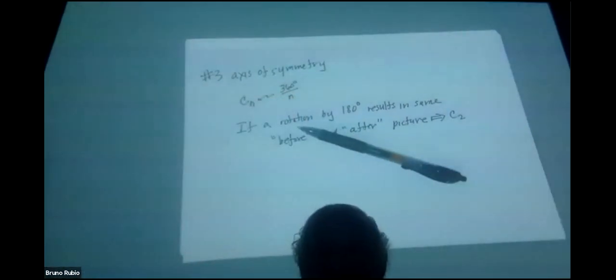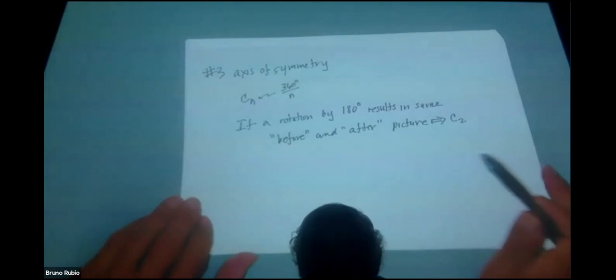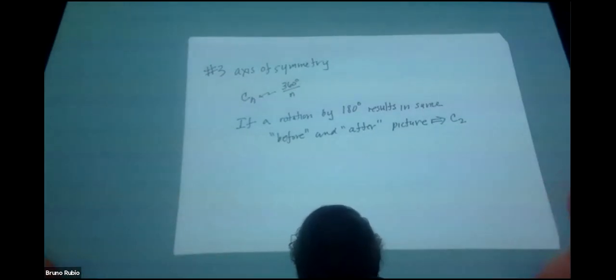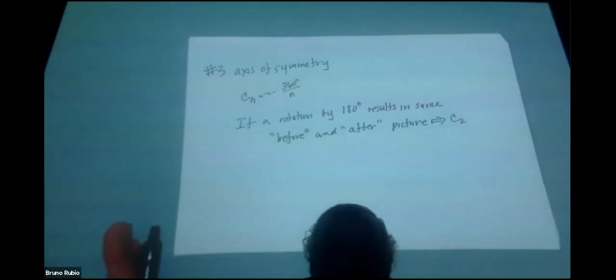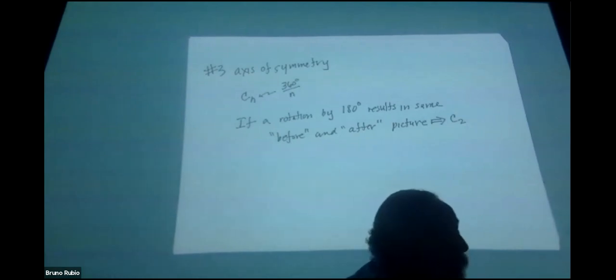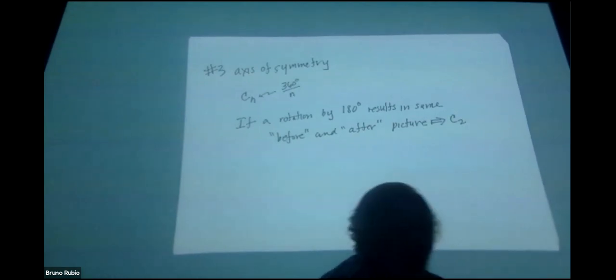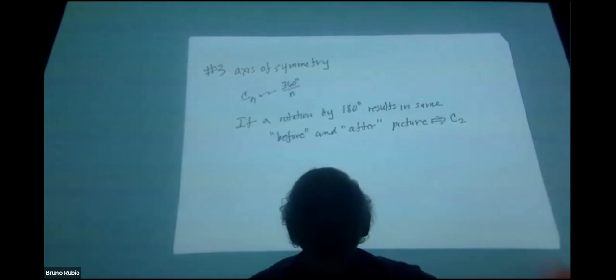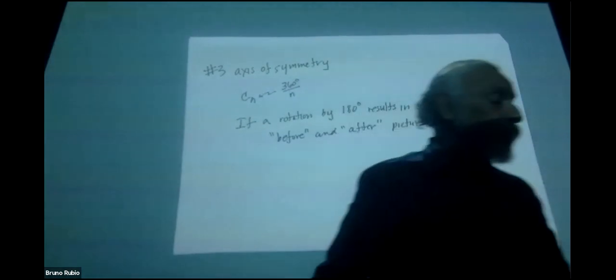Oh, that's the very same before and after picture. So everything has a C1 axis. But if you have an object, molecule, whatever, rotated by 180 degrees, do you have the same before and after picture? Then that molecule has a C2 axis of symmetry.